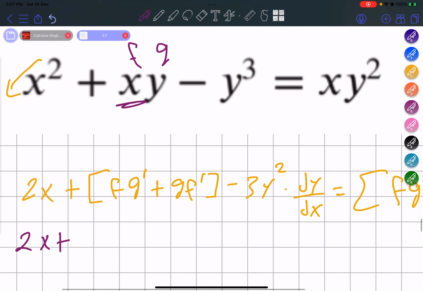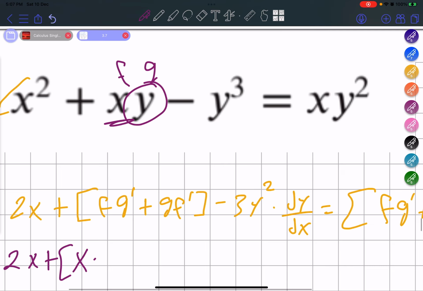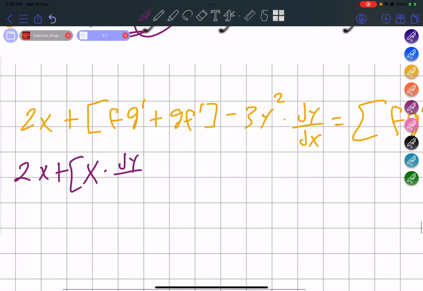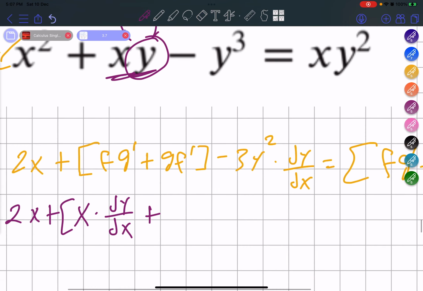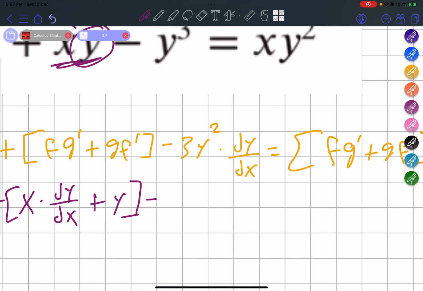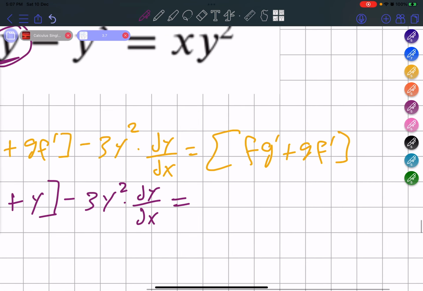Now what is f? f is x, so x times g prime, which is y, so we will write dy over dx. The derivative of y is going to be 1, we don't have to write it, plus g is y, and f prime is going to be 1, we don't have to write it. So that is enough for that, minus 3y squared times dy over dx, which equals 2.